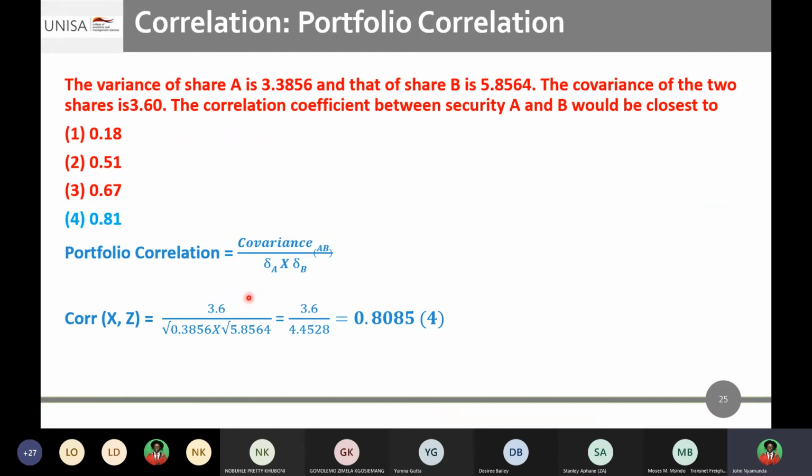Why square root? Because standard deviation is the square root of the variance. So when I saw this question, I was so excited. Standard deviation is the square root of variance, and variance is standard deviation squared. So 18 of you rushed into making a mistake.